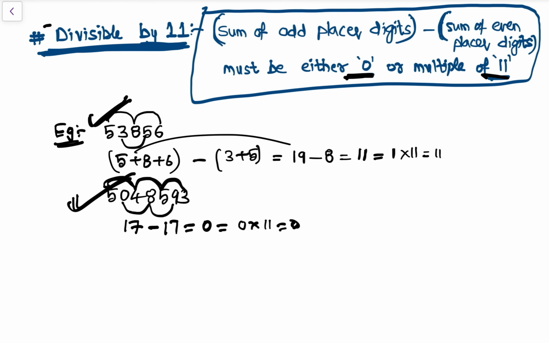So this is again divisibility rule of 11 important है. Divisibility rule of 3, 9, 11 ये important है, ठीक है 11 हो गया.